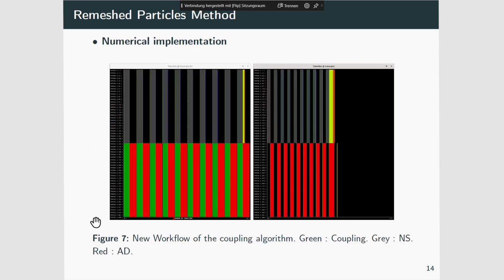Okay, I give here the two different traces for the two cases. One on the left without the overloading strategy. As you can see, you solve Navier-Stokes in gray, then all the green time is the time spent waiting for a message in the coupling subroutine, the coupling function.